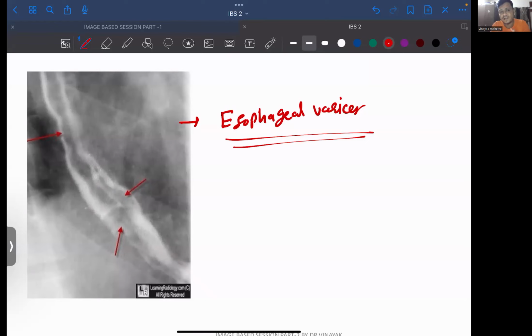What will we do if an artery or vein is going to bleed? We are going to close it, right? We will ligate that artery or vein. We will go and close those vessels. So what will we do? We will do endoscopic band ligation of the vessels. We will insert the endoscope through the mouth and close it, right?